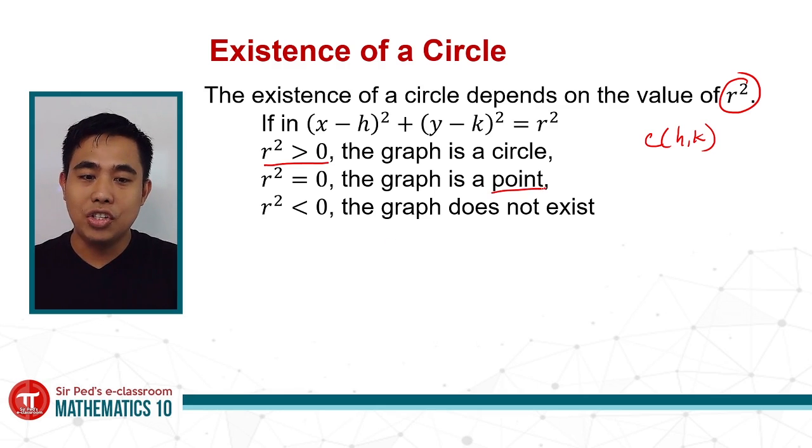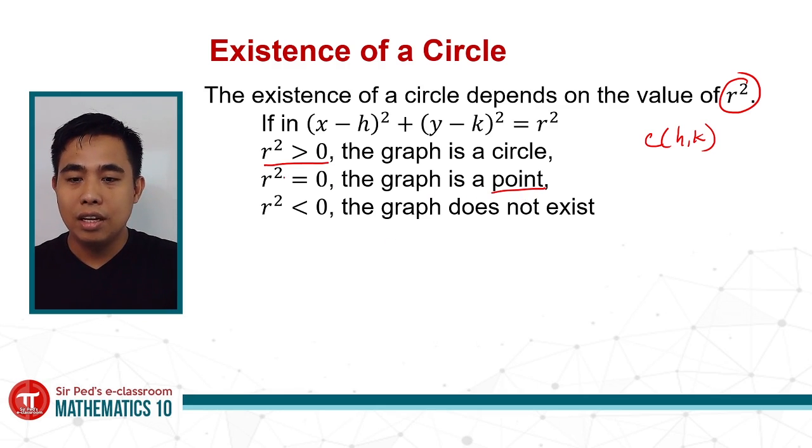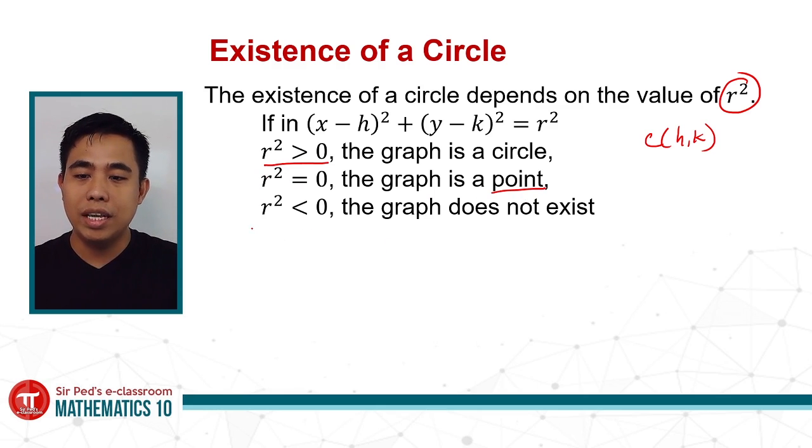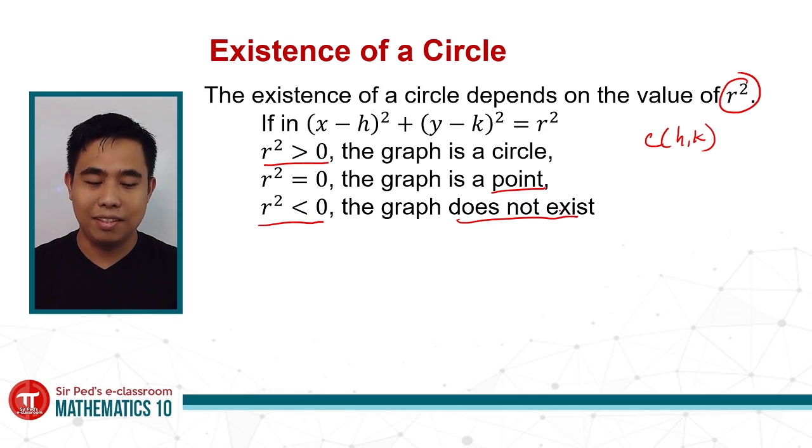The graph is just a point if r squared is equal to 0. And if r squared is less than 0, then the graph does not exist.